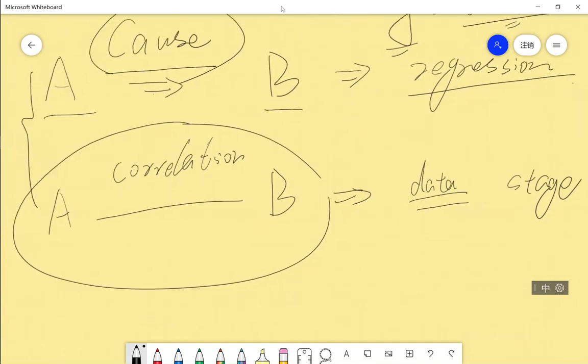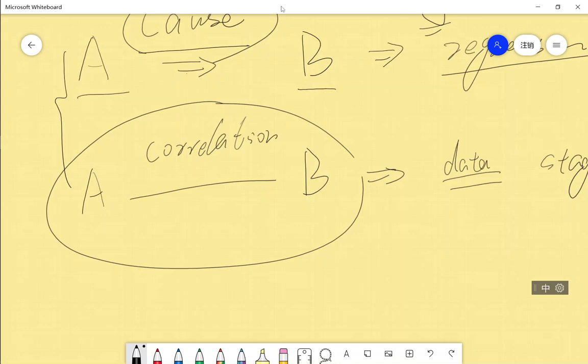But at the data stage, we just got all this data, and you got the scatter plot here, and you will see that A and B are connected, but there is no very clear indication of who causes who. Okay, you can't say that A causes B or B causes A. You just know that when maybe A is high, B is also high.